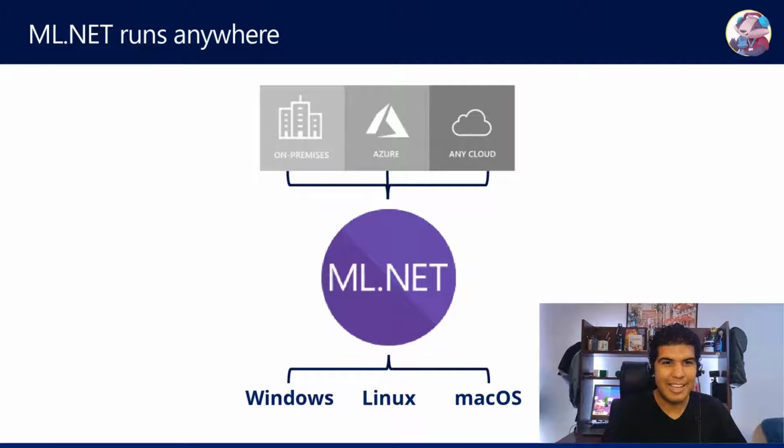So in .NET, .NET is an open source ecosystem, so ML.NET is open source too. ML.NET can run anywhere, either in on-premises environments, that is, in a private cloud, for example, or also in public clouds such as Azure, on any operating system.